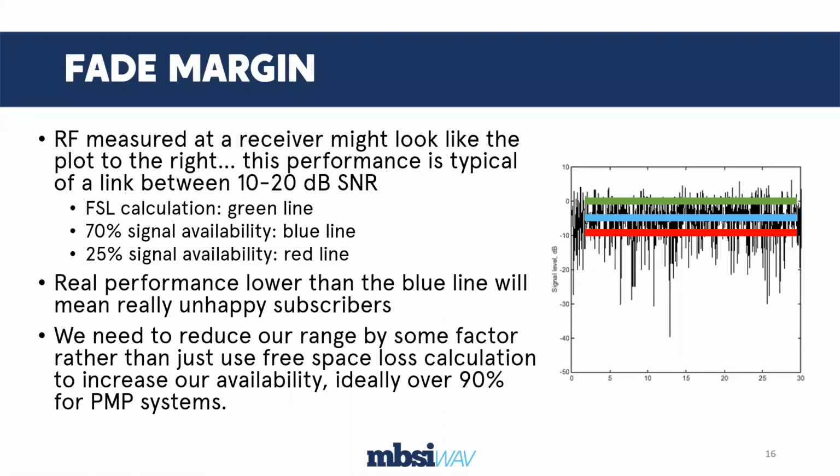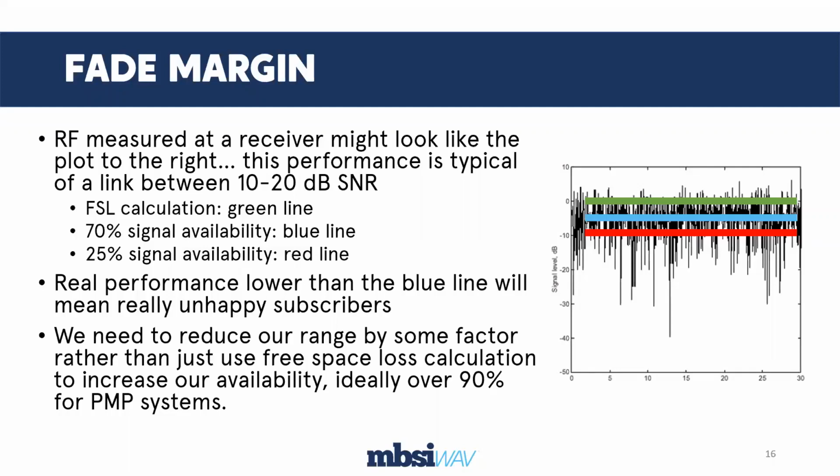I want to talk about another parameter that we need to look at here, and that is fade margin. This is a plot from a spectrum analyzer. As we measure RF that comes out of a receiver, this is the kind of pattern that we see.